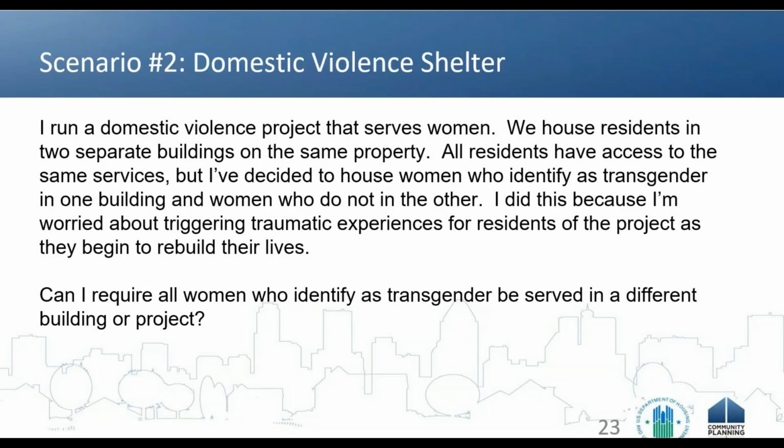In this case, though, creating a separate building and requiring all individuals who identify as transgender is segregating. It's separate but equal, and we don't have a great history of delivering services in that model.